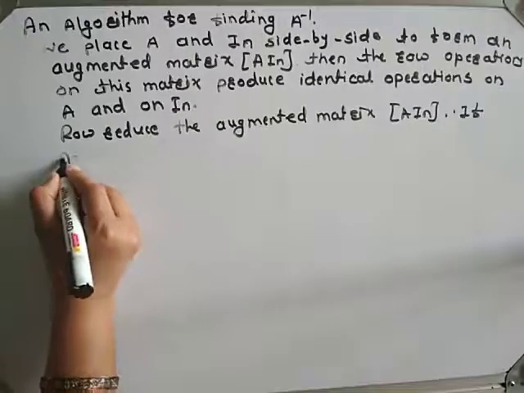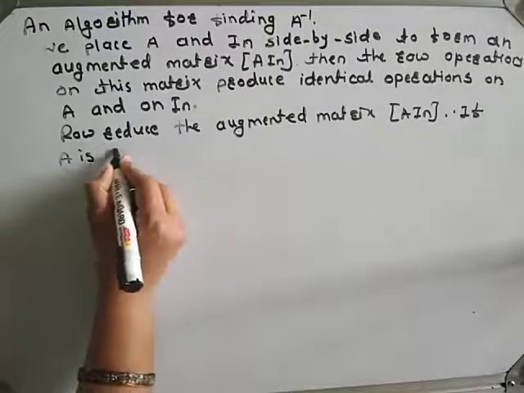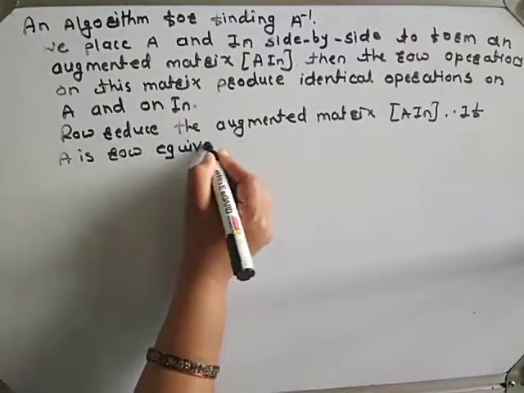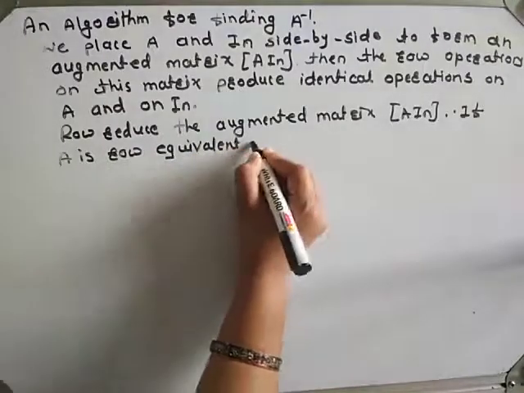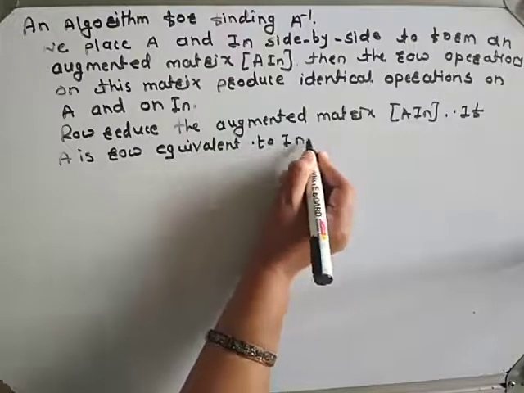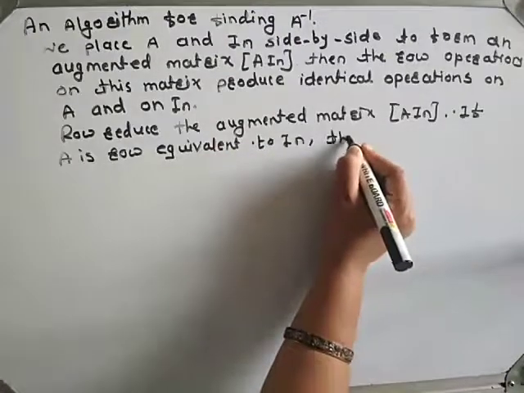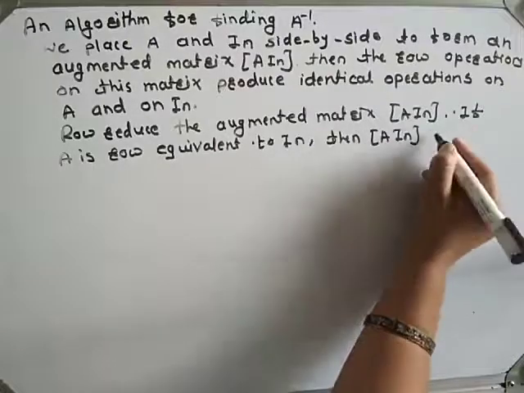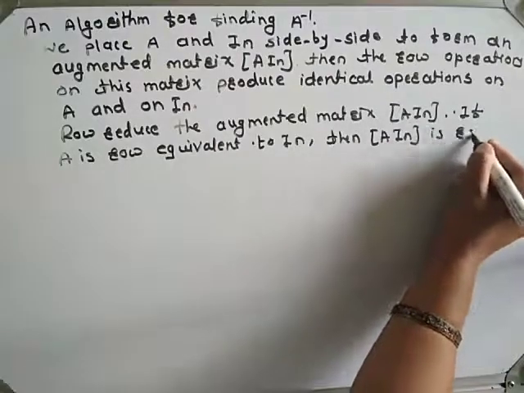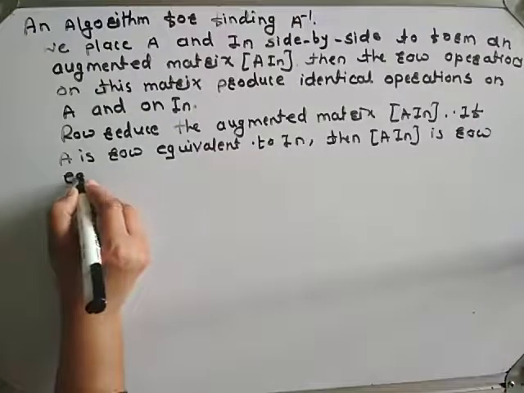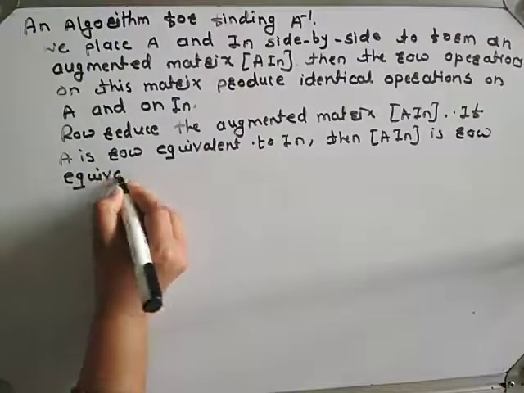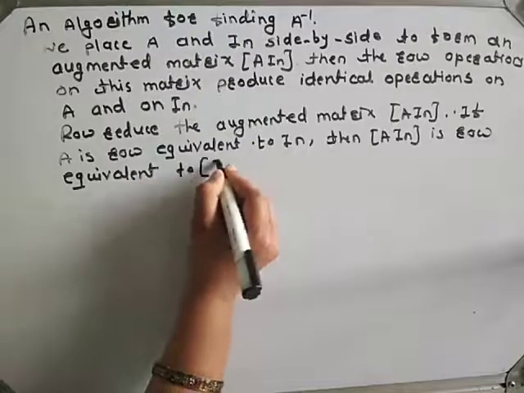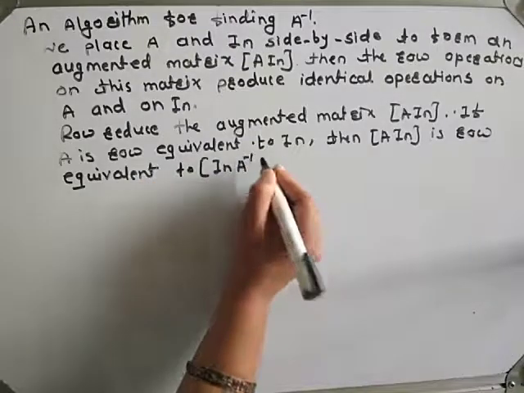If A is row equivalent to In, then the matrix [A | In] is row equivalent to the matrix [In | A inverse].